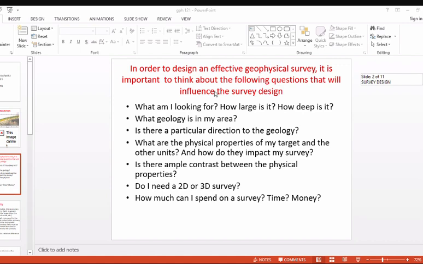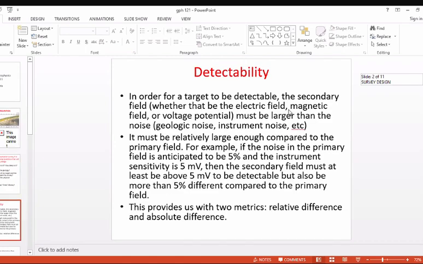In order for a target to be detectable, before we can detect or map a target, the secondary field, whether that be electric field or magnetic field or voltage potential, depending on the method we are using, must be larger than the noise, whether geological noise or instrument noise.